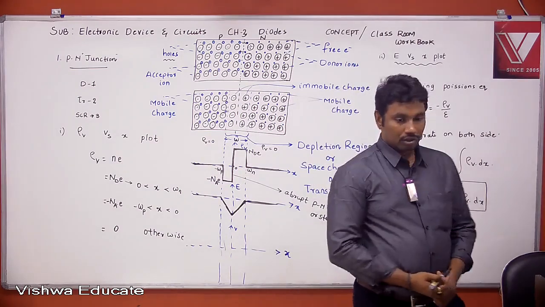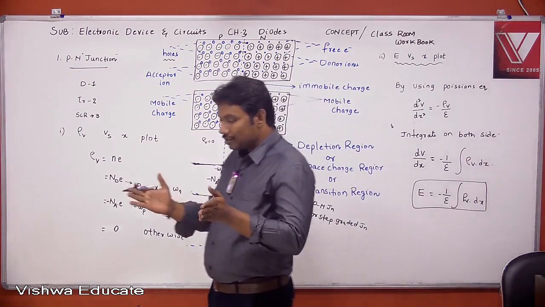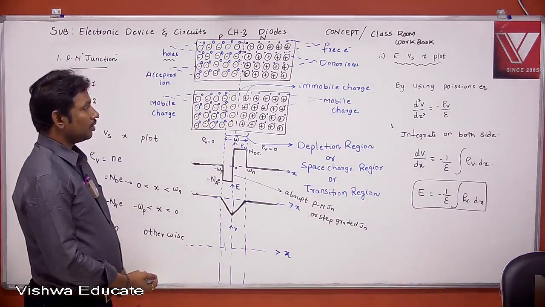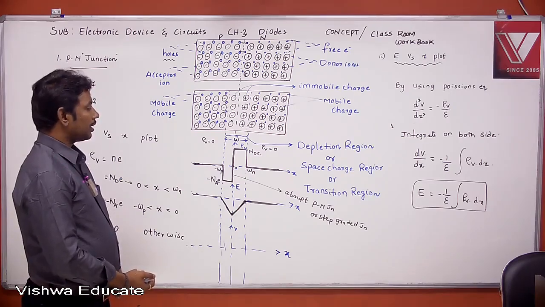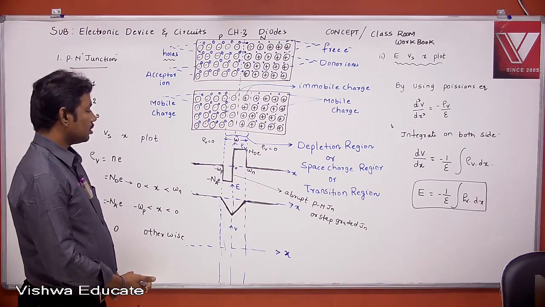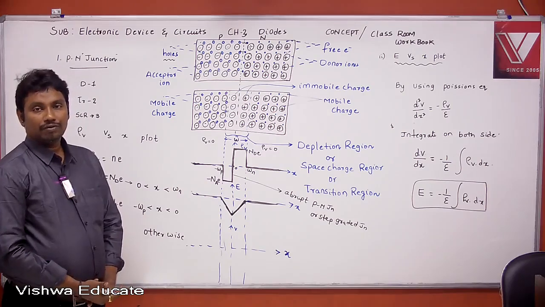Electric field versus distance plot. Outside the depletion region, the electric field is 0 because of charge neutrality.